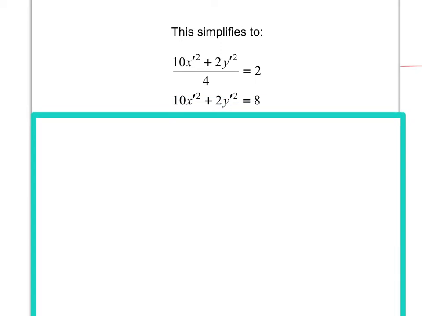Now we know from before that when you have an x squared term and a y squared term, they have the same sign and they're different numbers. That's going to be an ellipse. So for an ellipse, we know that it has to equal 1 over here, so I'm going to need to divide all the way through by 8.